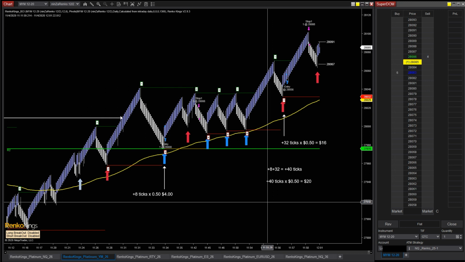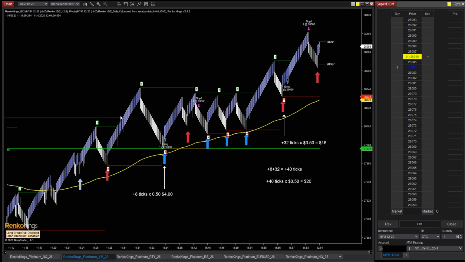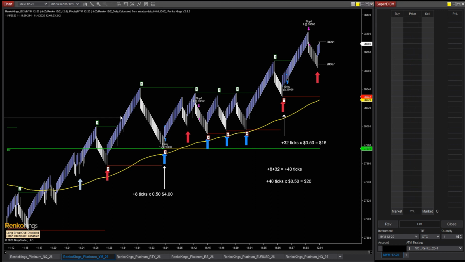But I think what's more important here is, sometimes I have people email me and make comments about the dollar amount. A lot of people ask for me to show these trades on the micro YM because apparently that's what most of you are trading.